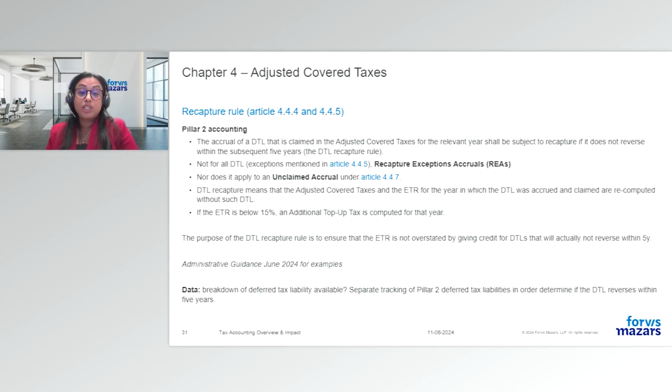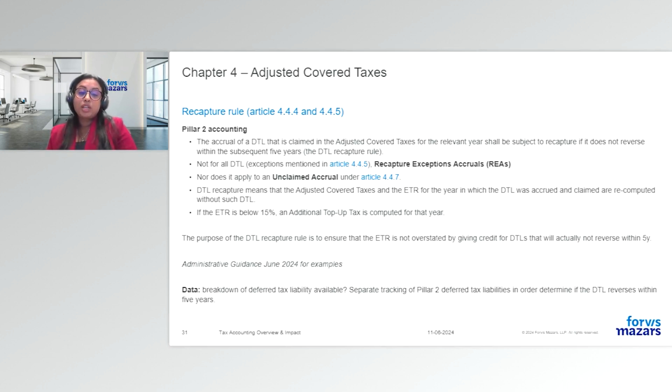Examples of long-term DTLs, even indefinite, are goodwill, trademarks, or any other intangible. There are exceptions mentioned in Article 4.4.5, and Article 4.4.7 includes an election to not take into account deferred tax liabilities if it's expected not to reverse within 5 years.